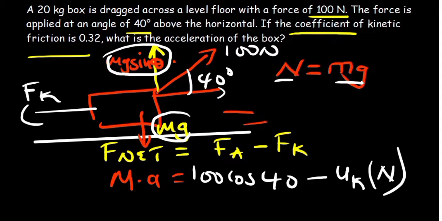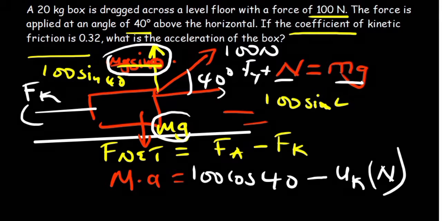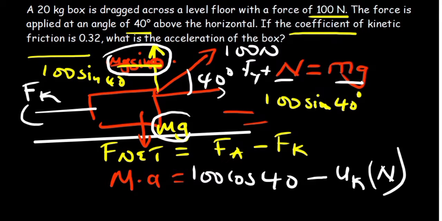So we will add the force helping it, which is the y component of that force. The y component is 100 sine 40 degrees. So we have 100 sine 40 degrees plus the normal force, and this is supposed to be equal to mg.